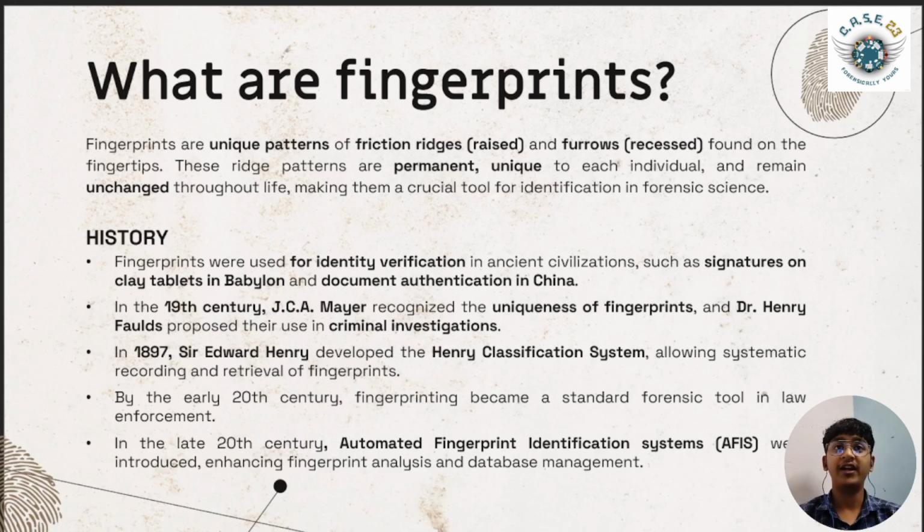Automated fingerprint identification system, also known as AFIS, transformed how fingerprints are stored and analyzed. Today, police can match a suspect's fingerprint in a database within seconds, something that would have taken days or even weeks in the past. From ancient clay tablets to high-tech crime solving, fingerprints have always been a powerful tool of identity.